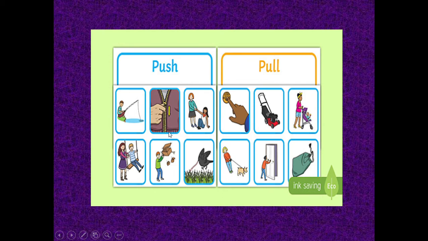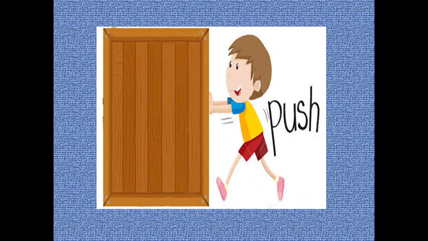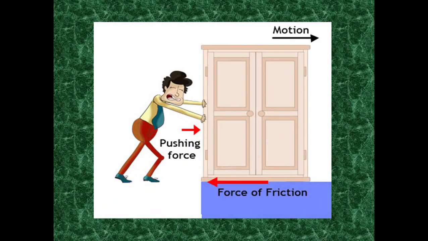So friction will act opposite, from down to up, in the upward direction. Here you can see a person is trying to push in a particular direction, so friction will act opposite to this direction. Again you can see the pushing force in one direction and the force of friction in another direction.